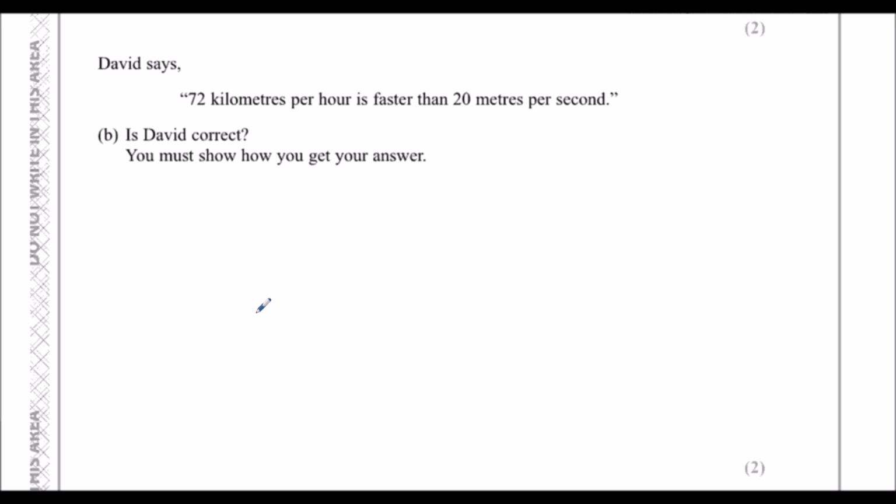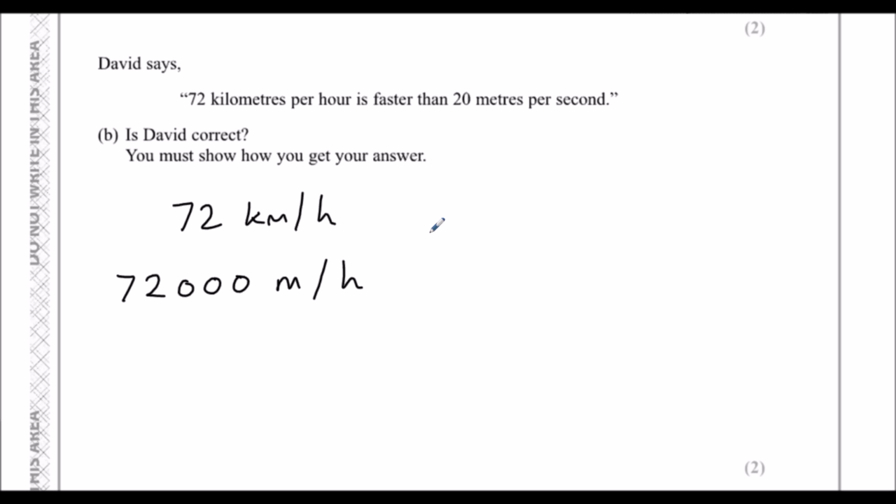David says 72 kilometers per hour is faster than 20 meters per second. Is David correct? You must show how you get your answer. So 72 kilometers per hour is the same as, well, a kilometer is 1,000 meters. So that's the same as 72,000 meters per hour.